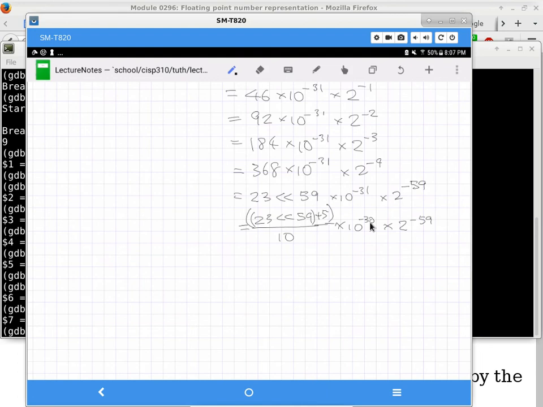Positive or negative for which part? The format of the number. You mean the sign of the entire floating point number? Yeah. That's not really important, because that's just one single bit controlling the sign of the entire value. So we don't worry about that in the conversion. When you're converting from base 10 to base 2, do you preserve the sign regardless of the base? The sign is preserved. So I'm not really that concerned about the sign itself.